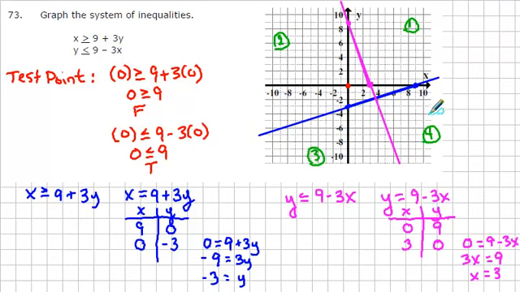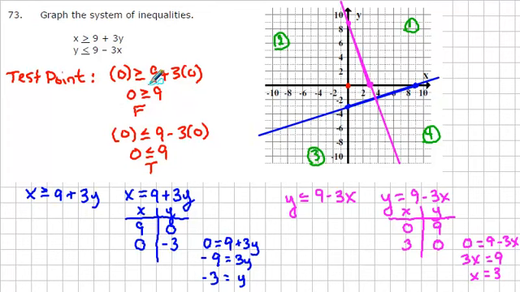Alright, what we need to do is to determine which of these regions contains points that satisfy both of the inequalities. So let's start off with our inequality x is greater than or equal to 9 plus 3y.